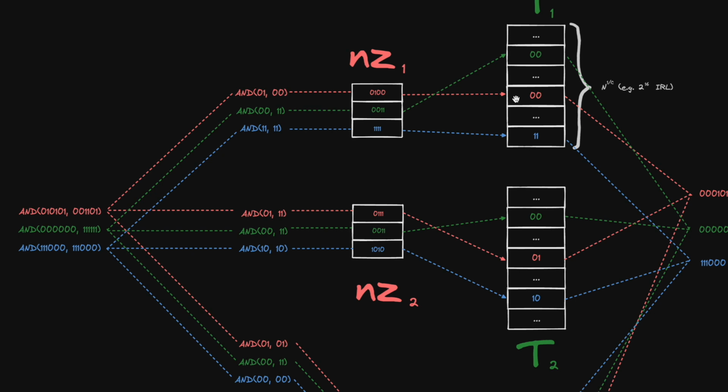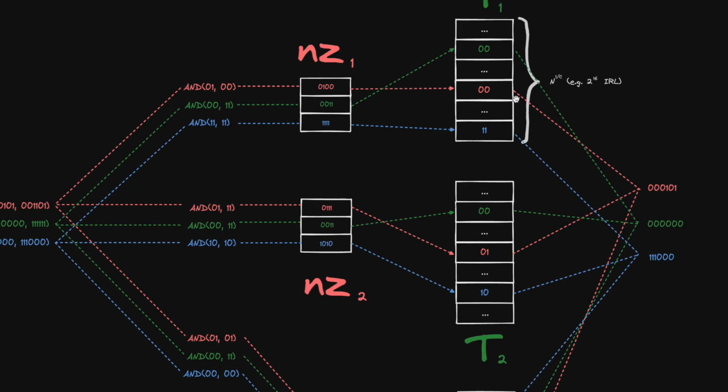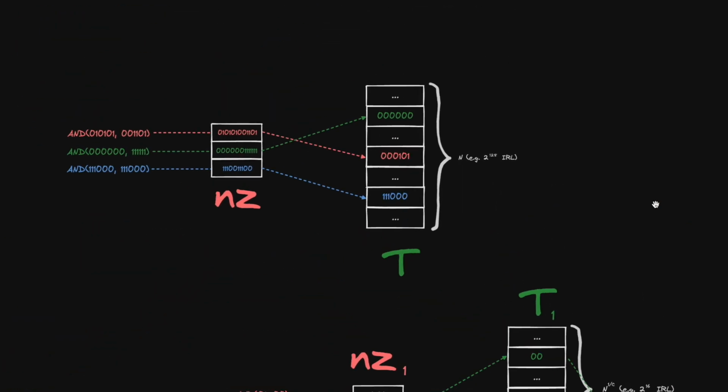And of course, the subtables are now going to be much smaller than the big table T. Finally, once we have the values read from the subtables, we can recombine them into the result that would be read from the big table. In this case, the combination is basically just concatenating together the results read from the subtables into a single value. And as you can see, the values we end up with are the same as those found from the big table T.